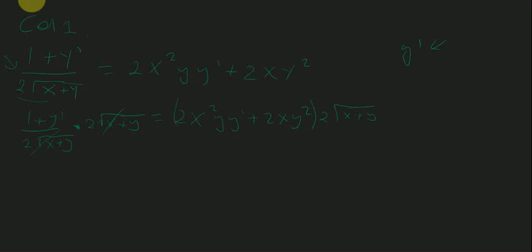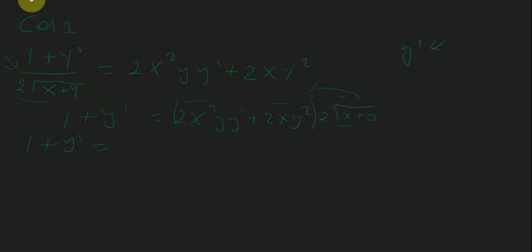So now you have 1 plus y prime equal to this. This has to be multiplied by all of this, distribution. So what do you have? 1 plus y prime equal to this part times this, and then this part times this.